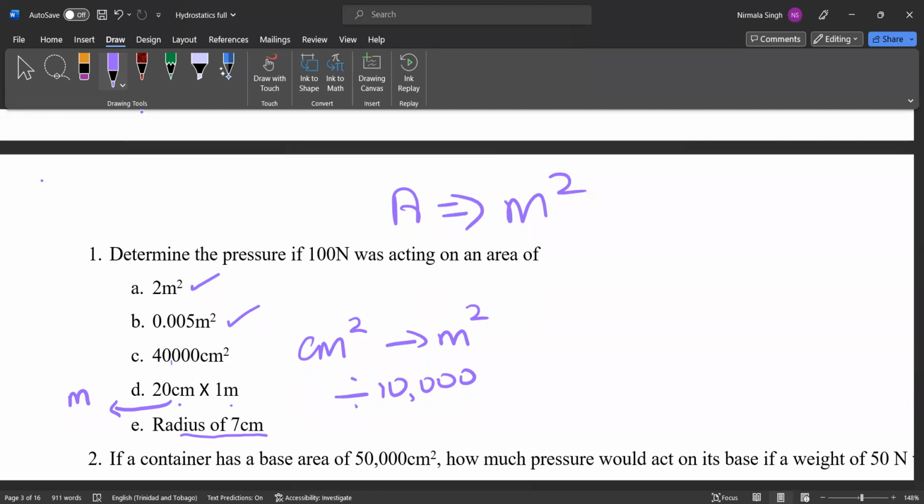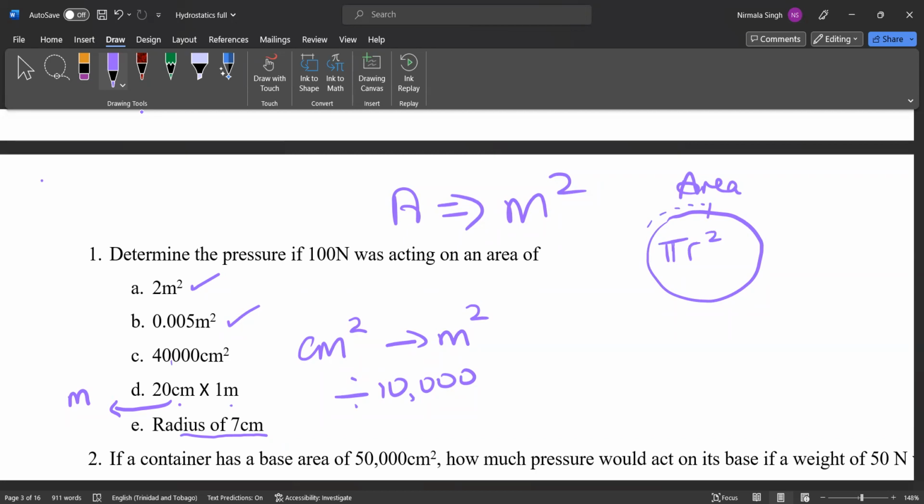A circle. How do you find the area of a circle? 2 pi r? No. It's pi r squared. You know, things that you learn in Form 1 or in primary school.